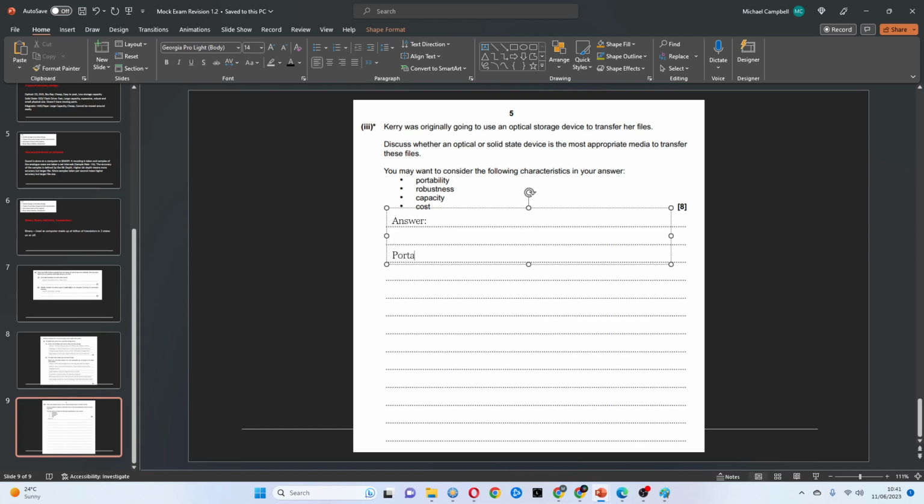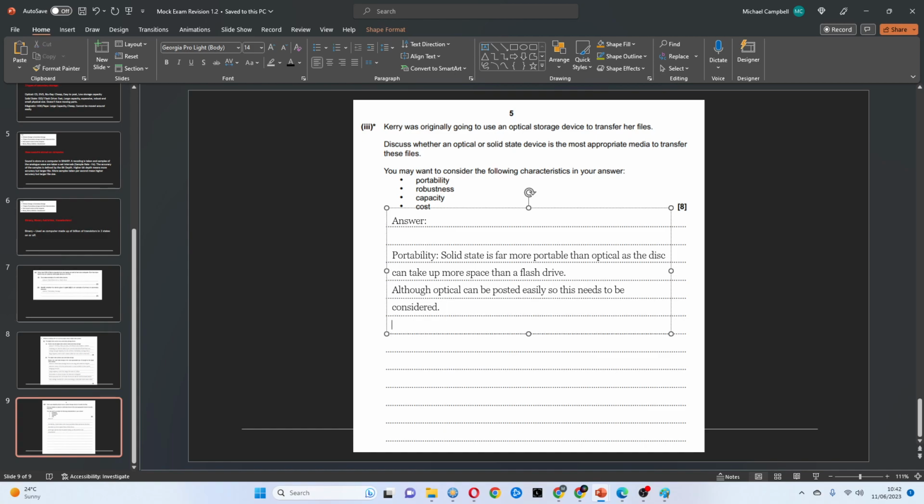Solid state is far more portable than optical, as the disc can take up more space than a flash drive. Although optical can be posted easily, so this needs to be considered. I would choose solid state, and so on and so forth.